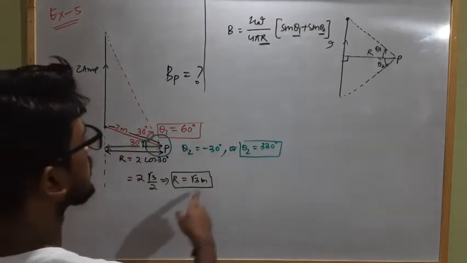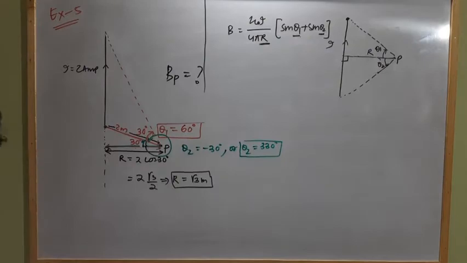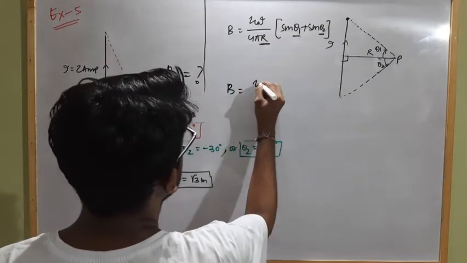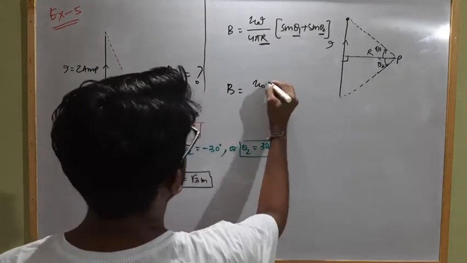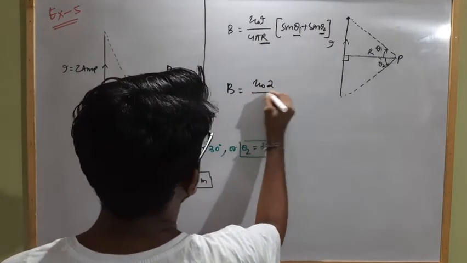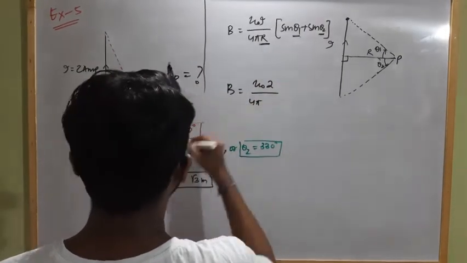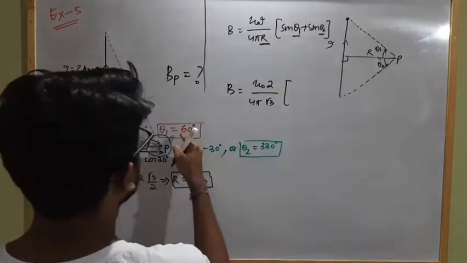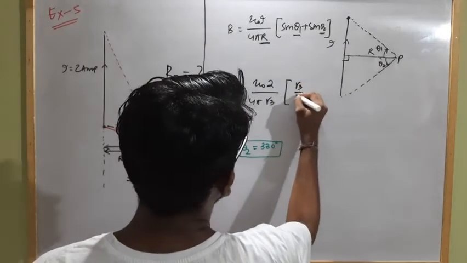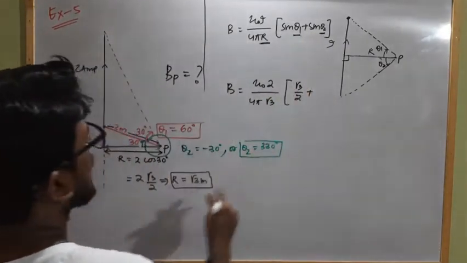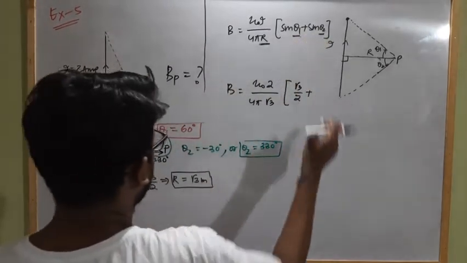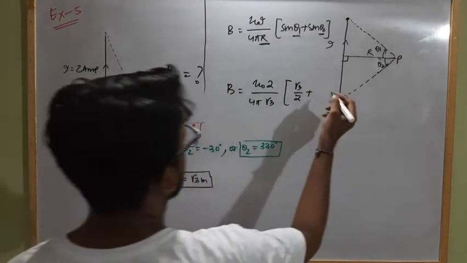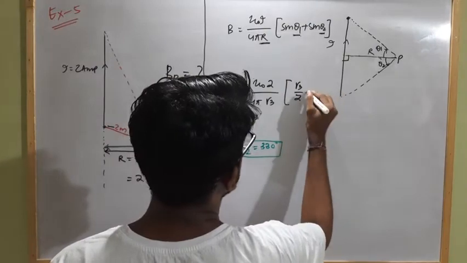Now we can replace all these values. So now what will become here? B will be mu naught, in place of I we can write 2 ampere, divided by 4 pi. In place of r we can write root 3, into sine theta1, which is sine 60, root 3 by 2, plus sine theta2, which can be minus 30 or 330. If we take minus 30, sine of minus 30 will be minus sine 30.